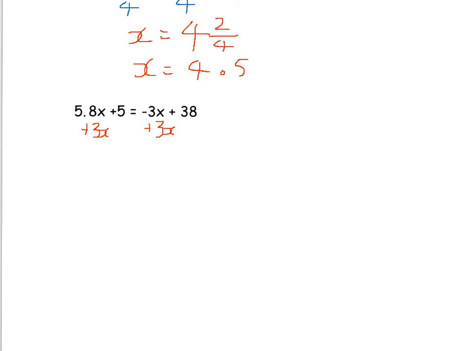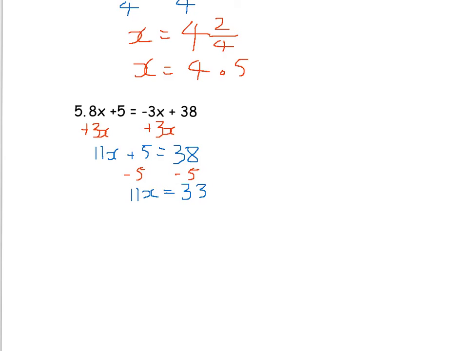So 8x add 3x is 11x plus 5 is equal to 38. Now we want to get it so we just got the 11x on the left hand side, so we subtract the 5 from both sides, so we have 11x equals 33.